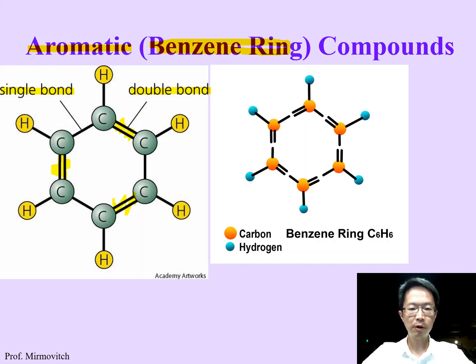One covalent bond is formed with a hydrogen atom, the other with another carbon atom. And then you have the double bond, meaning 2 covalent bonds formed with a carbon atom. So they still form 4 covalent bonds.